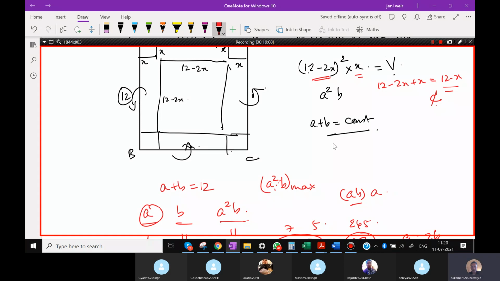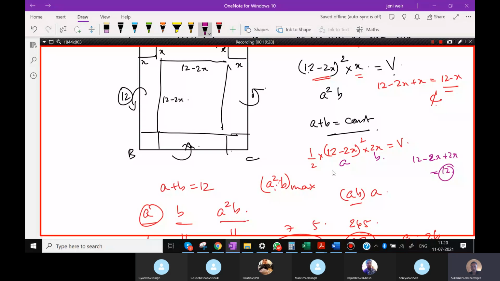So in order to apply that, I will write this as (12 minus 2x) whole squared, into half, into 2x. This is equal to V. Now if I take 12 minus 2x as a and 2x as b, then a plus b gives me 12 minus 2x plus 2x, which is 12, a constant. So now I can apply this rule.